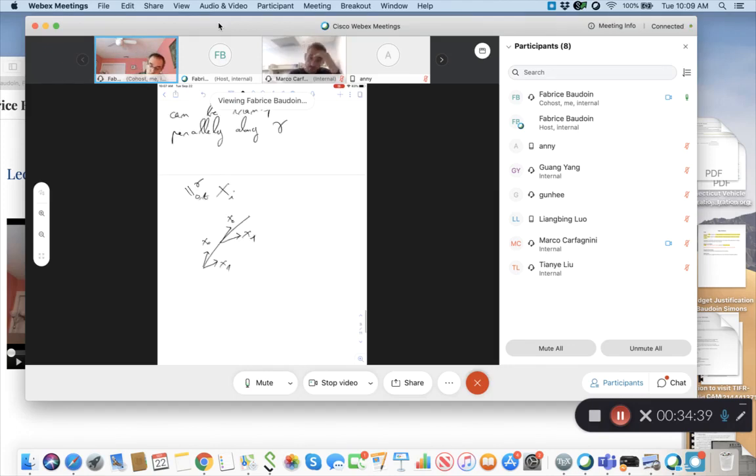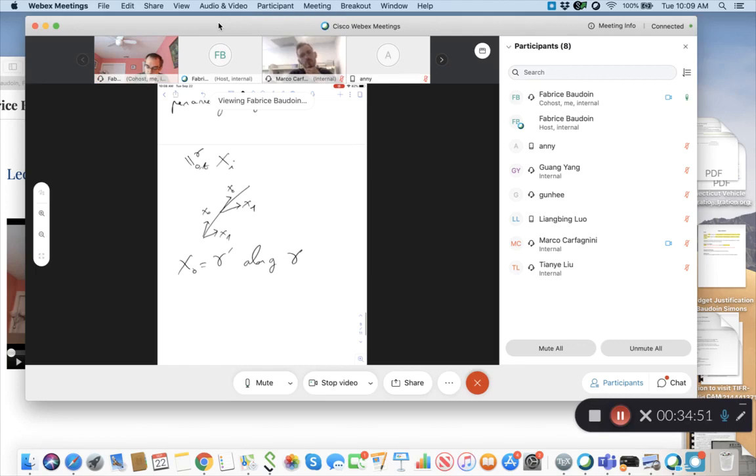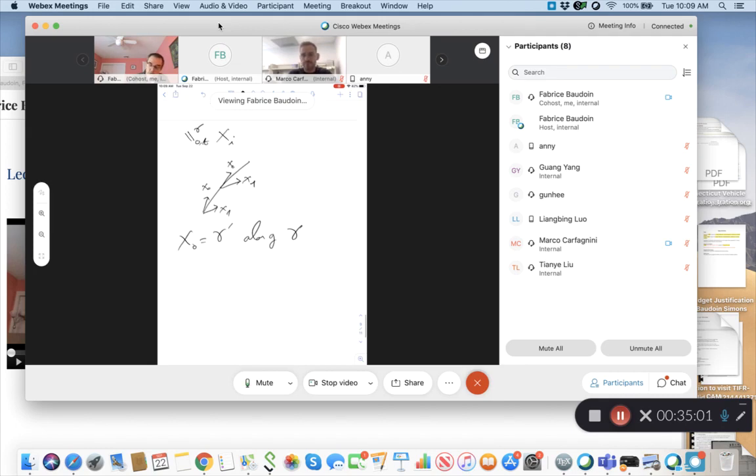So x naught up to x n minus 1 is what we call a parallel field along gamma, a parallel frame. So parallel frames are used to solve the Jacobi equation.